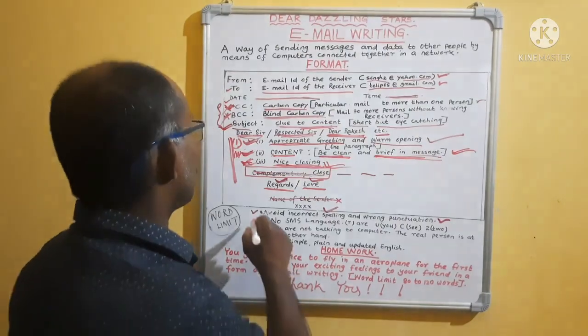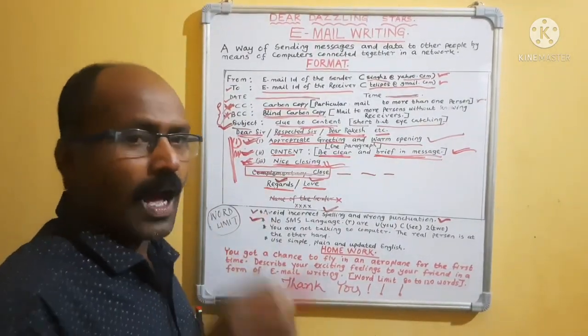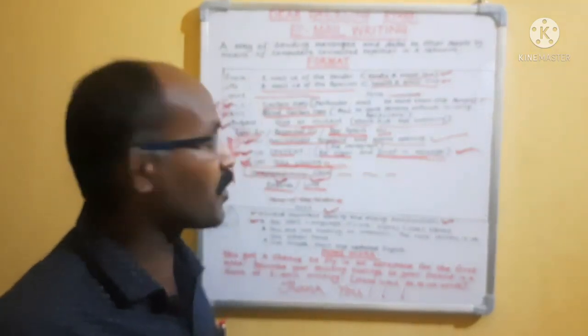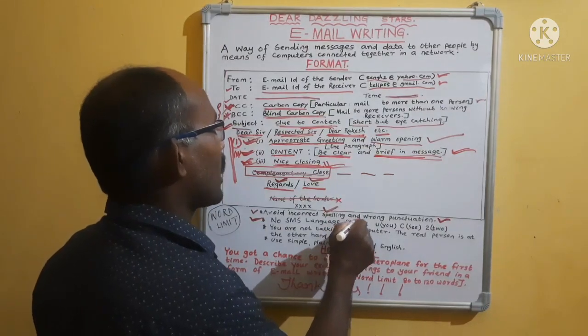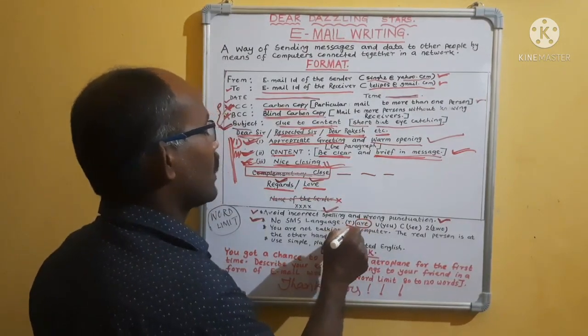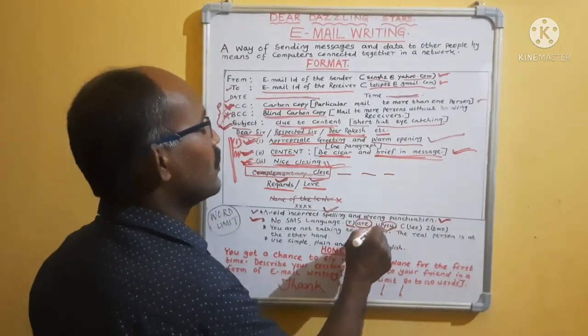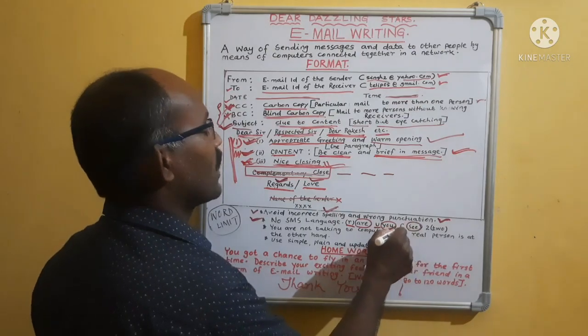Okay. Number 2, my dear students, it is seen that most of the students are writing in SMS language, short language. You should write "are", but you are writing "R". You should write "you", but you are writing "U". You should write "see", but you are writing "C".